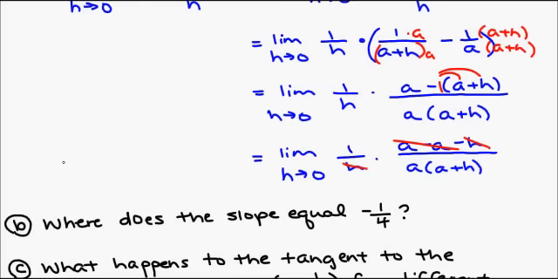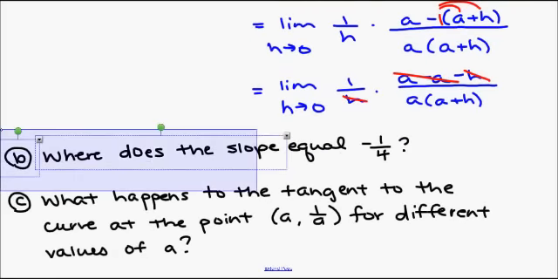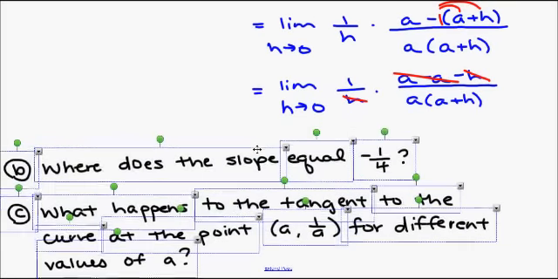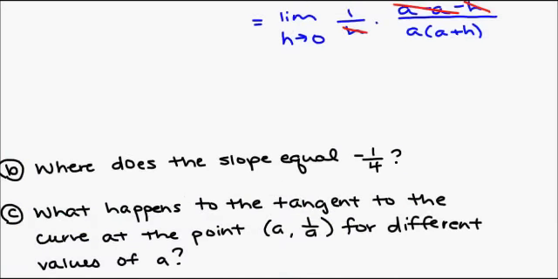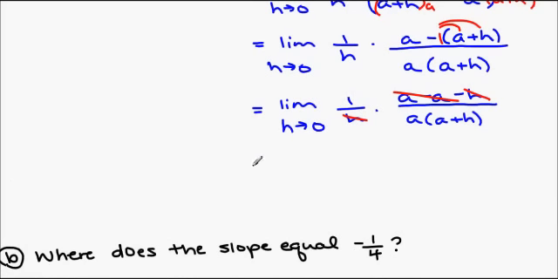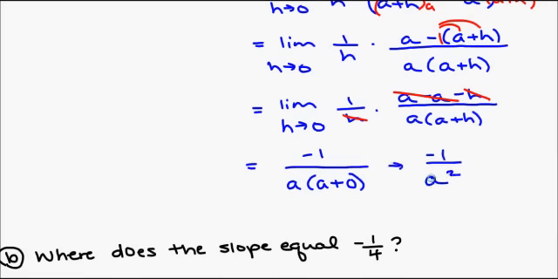So when I go ahead now and plug in 0 for h, I get a -1 on top over a times a plus 0, which is -1 over a squared.